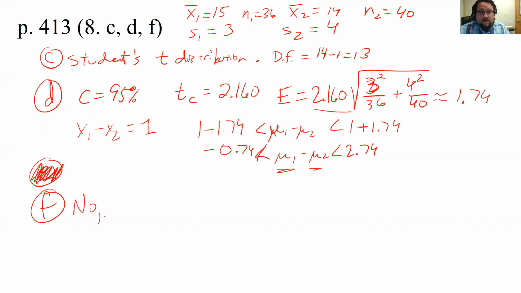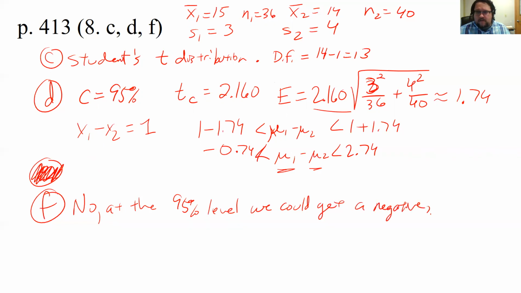No. At the 95% level, we could get a negative, which would mean the second is bigger.